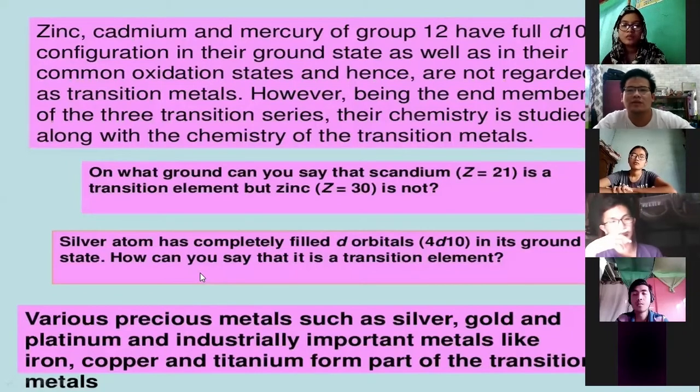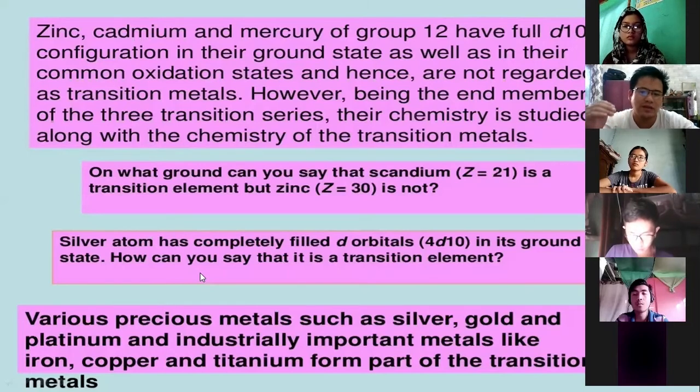They have d10 configuration in their ground state, uncombined state, as well as in their common oxidation states, so they are not regarded as transition metals. By definition, transition elements are the metals in which the d orbitals are incompletely filled.